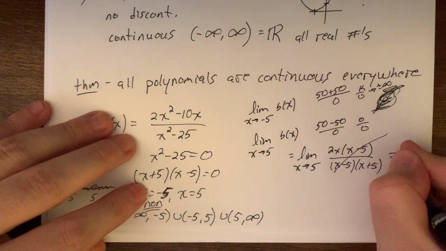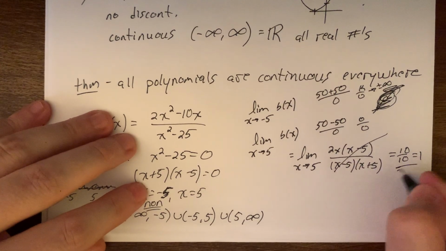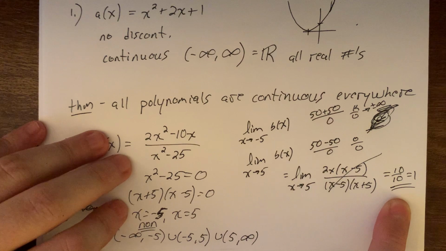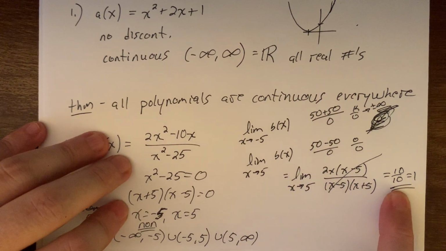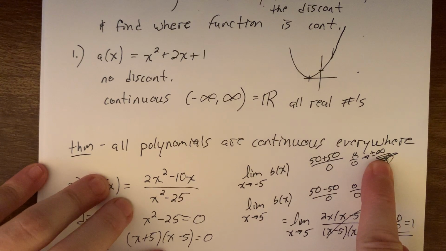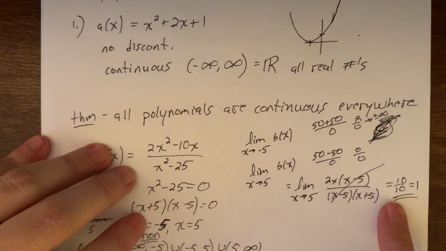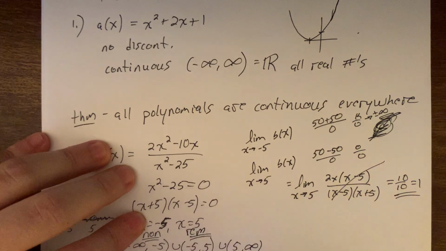Over 5 plus 5, I get 10 over 10, which equals 1. But even here, that's enough. That is a nice finite answer. I took the limit, I got an answer, the limit exists. Here the limit was either infinite or does not exist. You failed step 1. That is a non-removable discontinuity. Here you passed step 1, so that is removable.